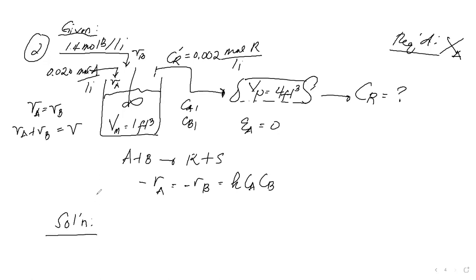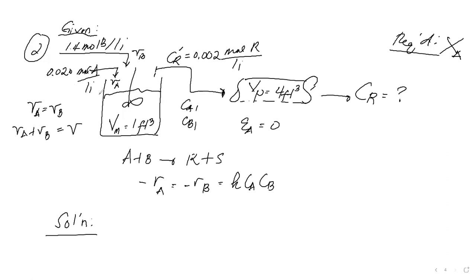I think this is similar to one problem that we have discussed, but that problem is only talking about the CSTR. It was not combined with another reactor. So in this case, we will recall what we did to determine the actual concentrations of A and B when these two streams are mixed and allowed to react in the mixing tank.